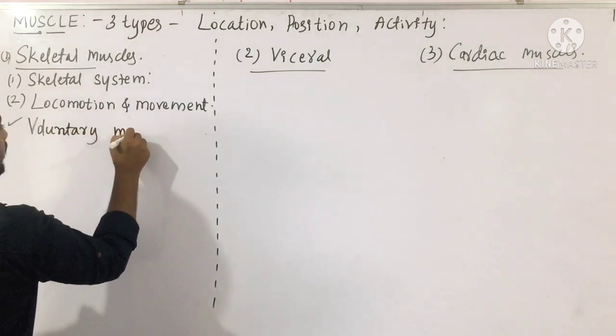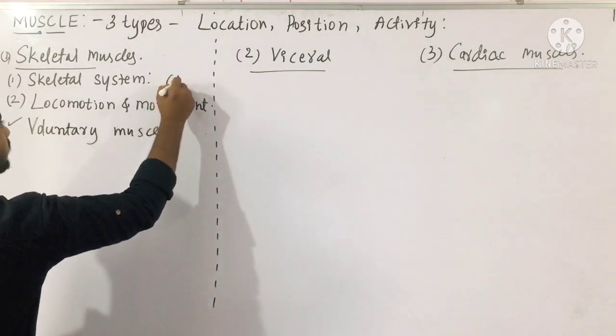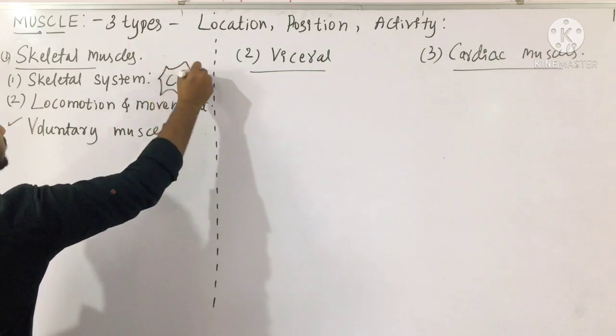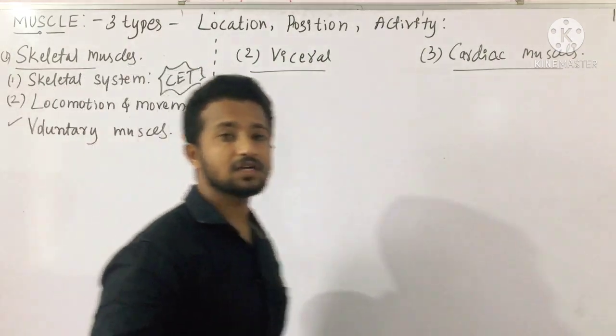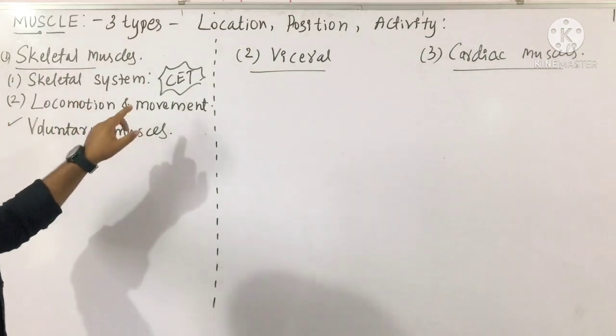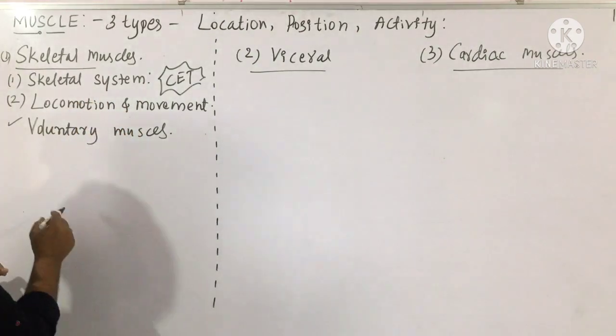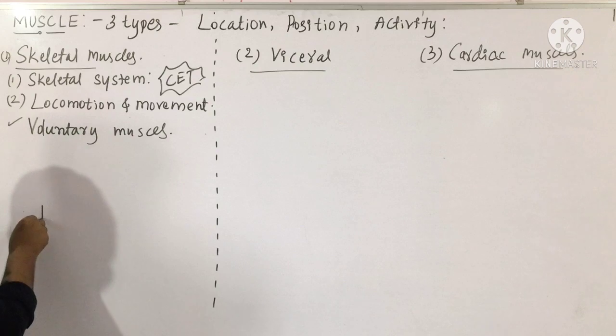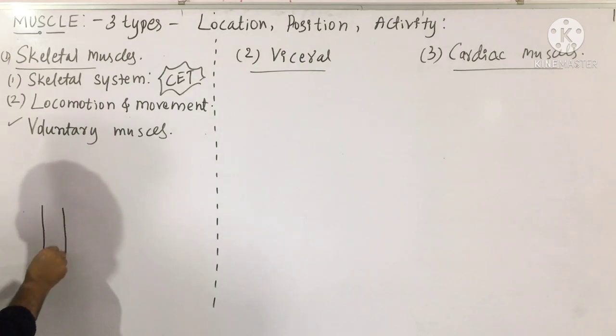This is important for your CET. Why are they called voluntary muscles? Because the functions of the skeletal muscles are under the control of the will, under the control of the nervous system.